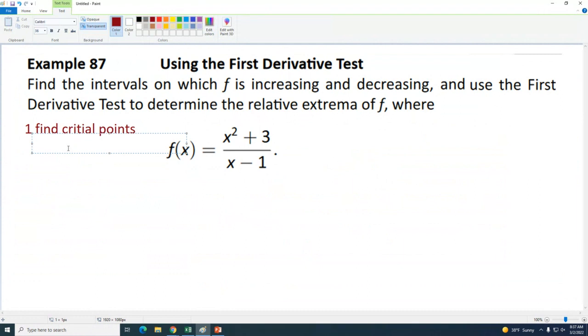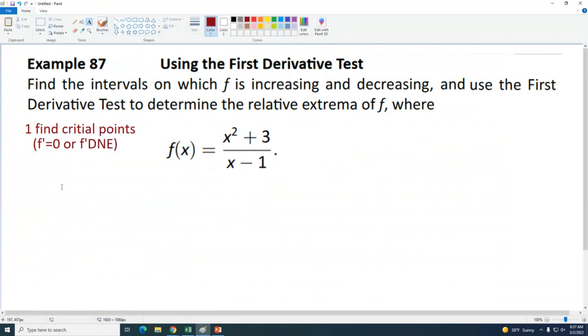Remember, by definition, to find the critical points, you have to find where the derivative equals 0 or the derivative does not exist. There are 2 types of critical points. Whichever type we're trying to find, we have to find the derivative first.